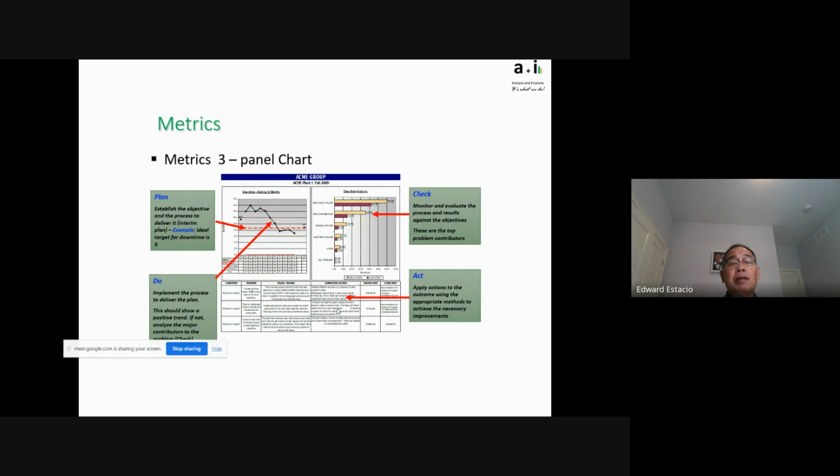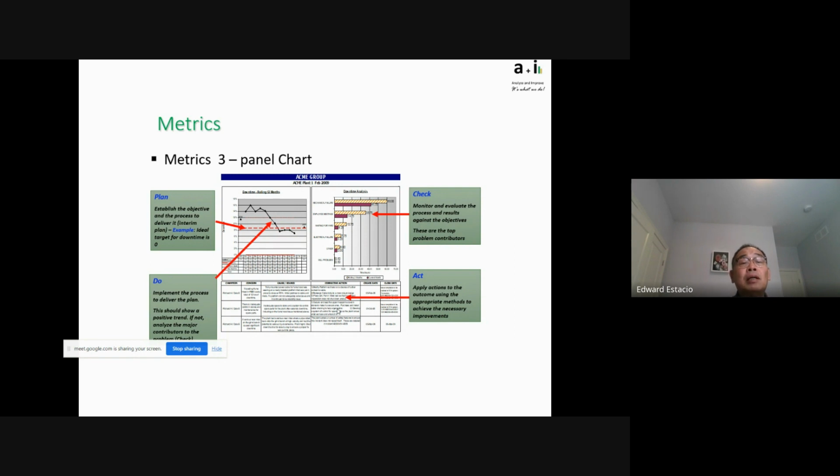On metrics, a lot of us use a lot of metrics, but how does it work? This is just an example of a three-panel chart where we do the planning. In this case, the red dotted line is the plan. We have to establish an objective, right?